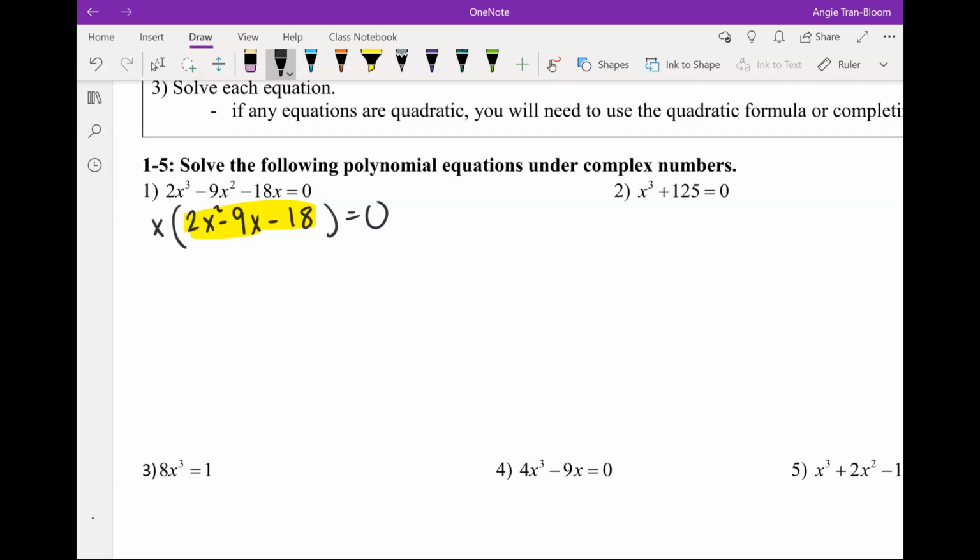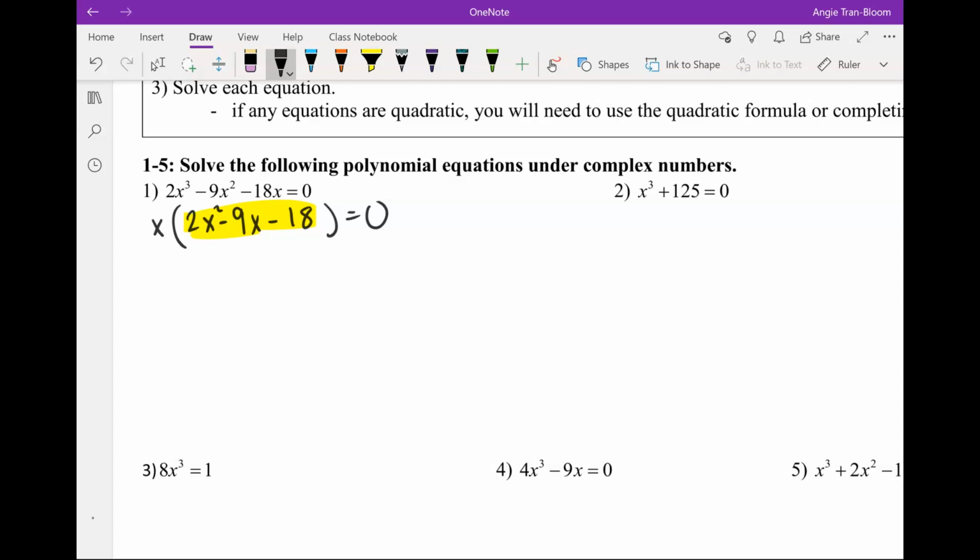Is it possible to find two numbers that multiply to negative 36 and when you add them equal negative 9? Is that possible or not? However you factor your trinomials, I want you to try. Is it possible to factor that trinomial? Good. So go ahead and factor.